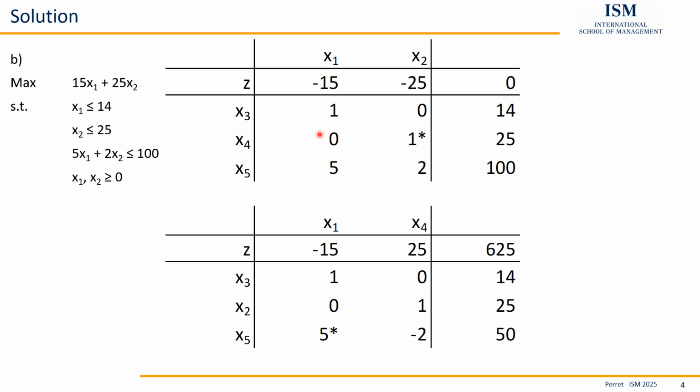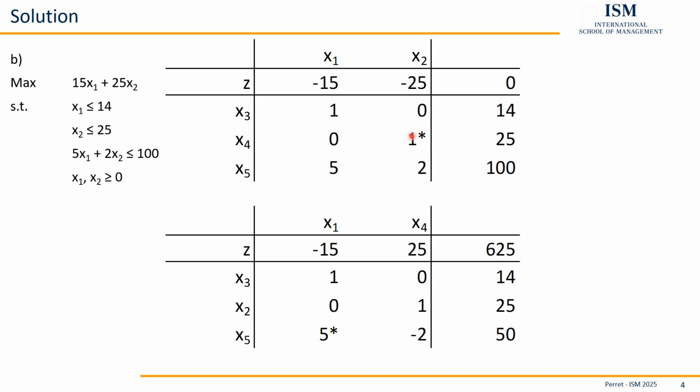Everything in the pivot row gets divided by the pivot element. Since the pivot element is 1, this remains the same. Everything in the pivot column gets divided by -1, by minus the pivot element. So they just change signs. Then I have to recalculate all the other values.